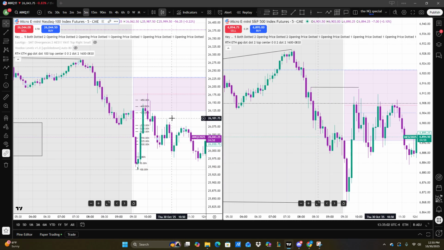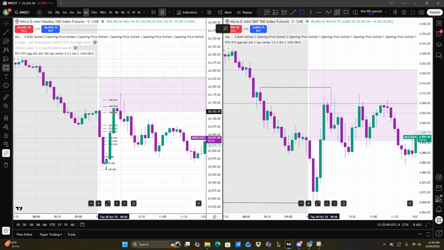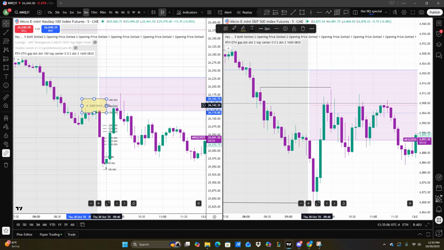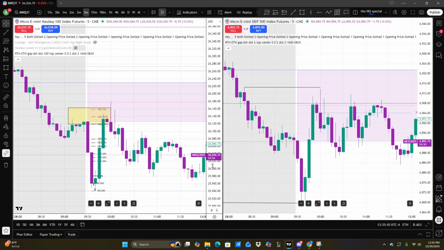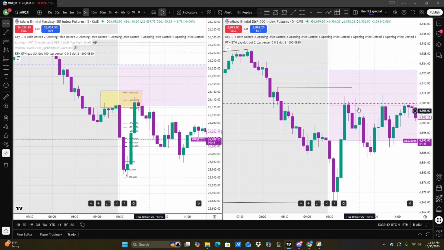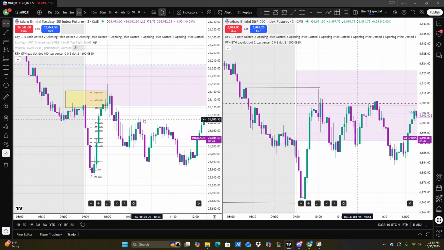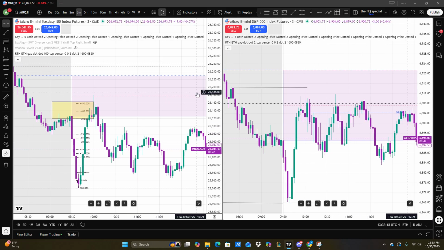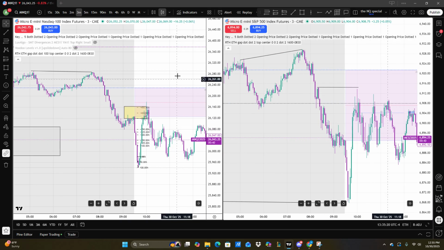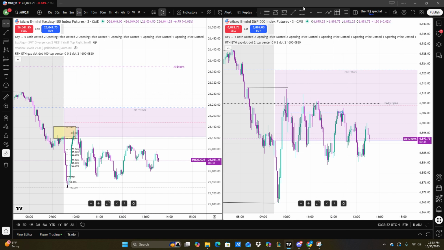So we hit our 3.5 to 4 standard deviations right here, right? So we know this is the end of the move, or we're about the end of the move, right? Now, you can go and you look. Let's go on a smaller time frame because it's a lot cleaner. If you notice right here, let me go back a little bit. I have what I call the big 3, right?